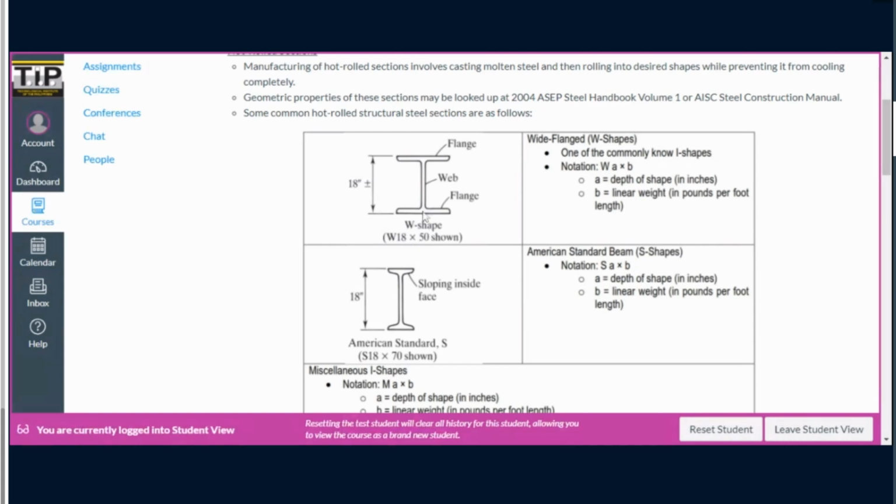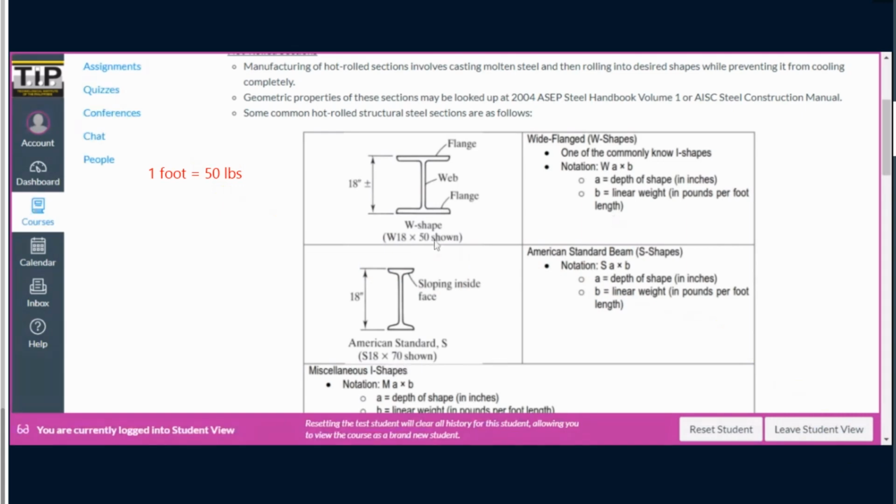So if you have 6 feet of W18 by 50, you can estimate the weight of that member: 50 multiplied by 6, which is around 300 pounds. So that's what these numbers mean. It is the same with the American standard: the notation is still the same. The first number is the depth, and the second number is the linear weight.